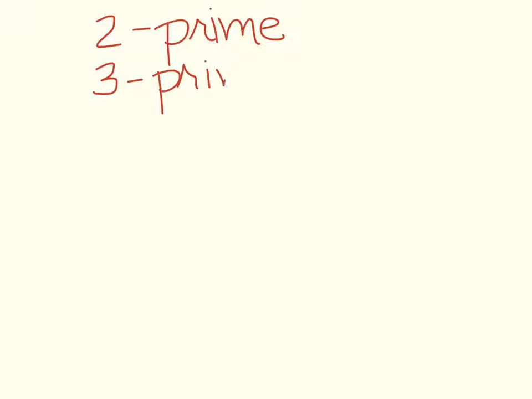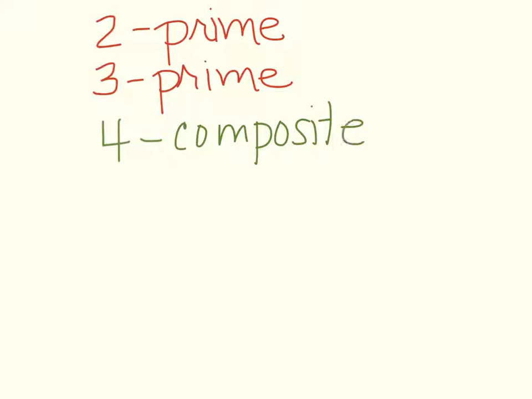Okay, now that you've got them in your head, I'm going to put them right up here. 2 is prime because I can only multiply 1 times 2 and 2 times 1. 3 is prime because 1 goes into 3 and 3 goes into 3. There's no other numbers that go evenly into 3. 4 would be a composite. What can I multiply together to get 4?